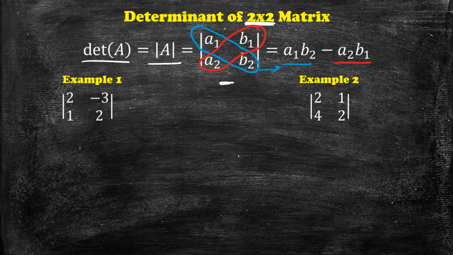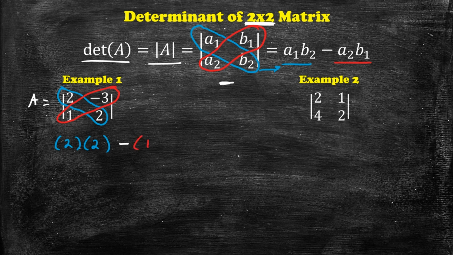And I'm just going to go ahead and label this matrix A. It can be any letter you want. So what we do is we draw a diagonal like that. So that's our first set of numbers. So we multiply those, 2 times 2. And now that is going to be subtracted by the other numbers in the other diagonal here in red.